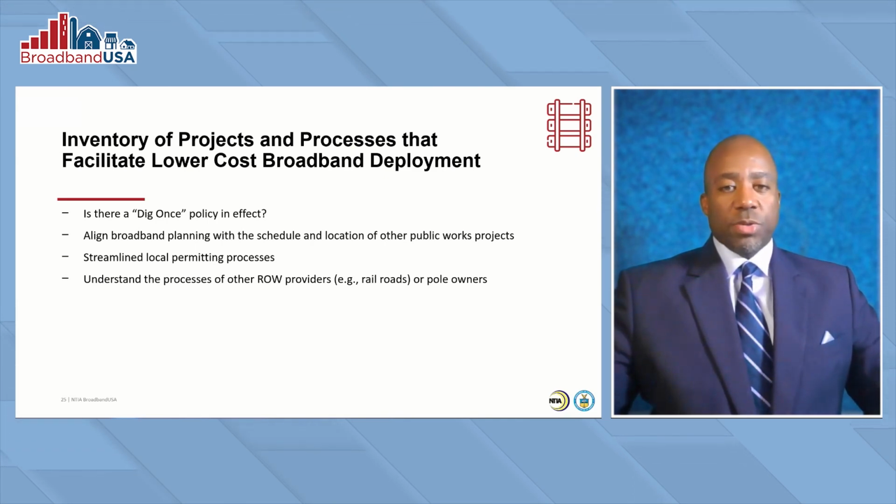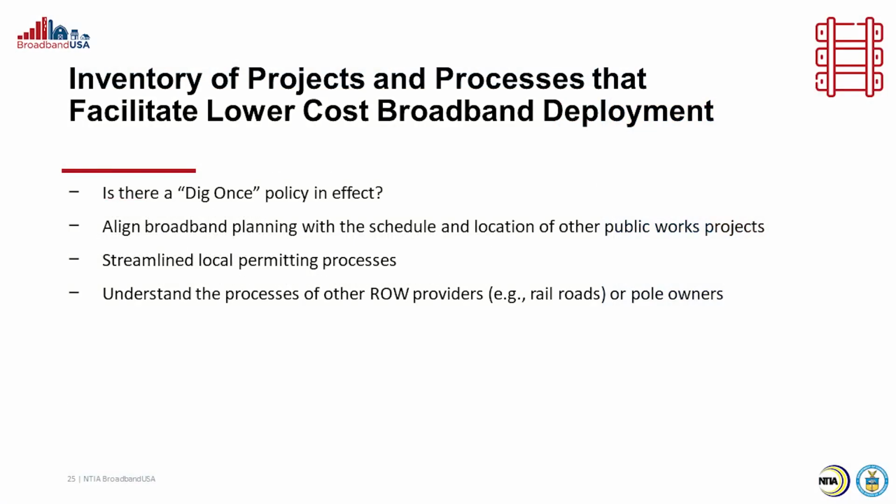That greatly reduces the cost of broadband deployment because instead of incurring all of that construction costs on your own, you can take advantage of an existing construction project or an existing road project where the streets or right of ways are already accessible. Right? You want to ask the question: can I align broadband planning with the schedule and location of other public work projects?